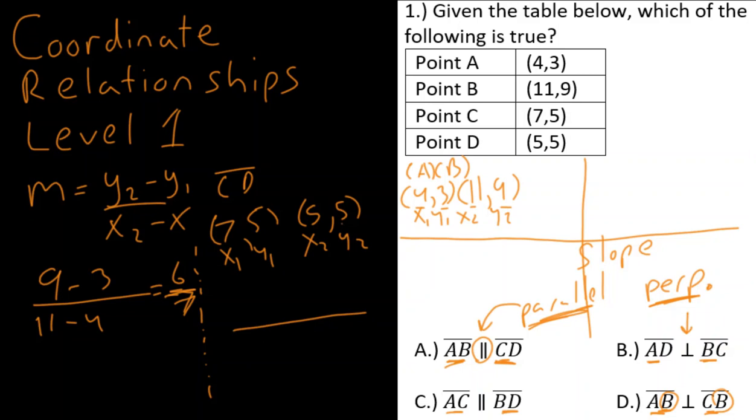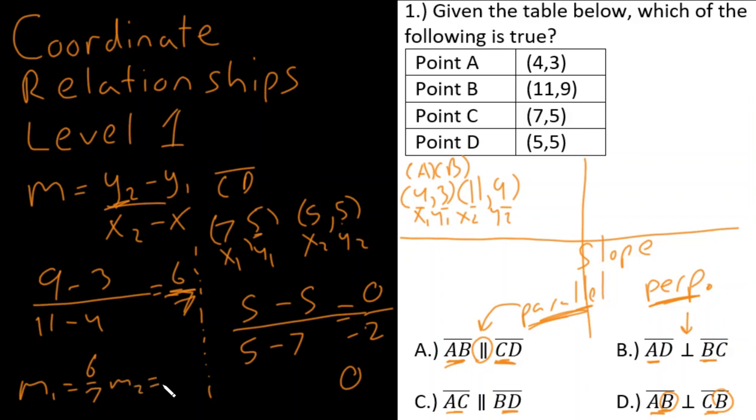So we know our y2 value from the formula is 5 minus our y1 value is 5, over our x2 value is 5 minus 7. Wait a second, 5 minus 5 is 0 and 5 minus 7 is negative 2, but 0 divided by anything is just 0. So here I know that my very first slope is equal to 6 over 7, and I know that my second slope is equal to 0, and what this would indicate is that the two lines will intersect, so they are definitely not parallel.